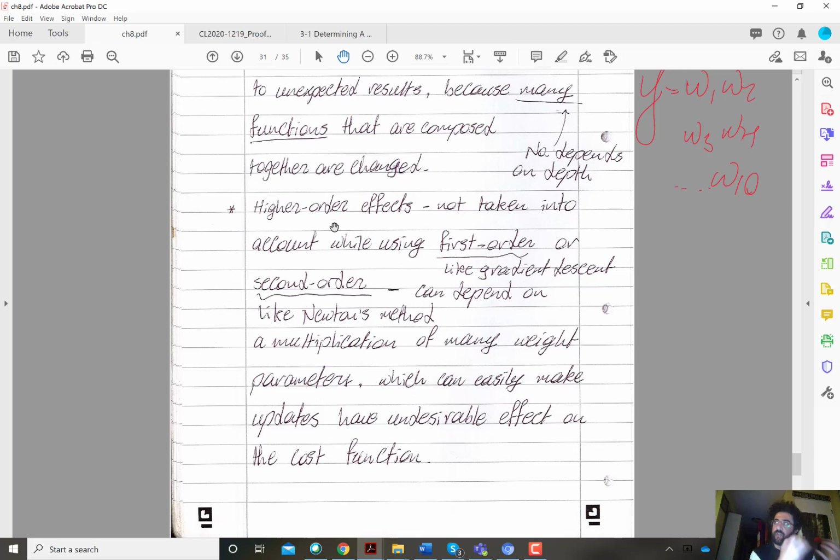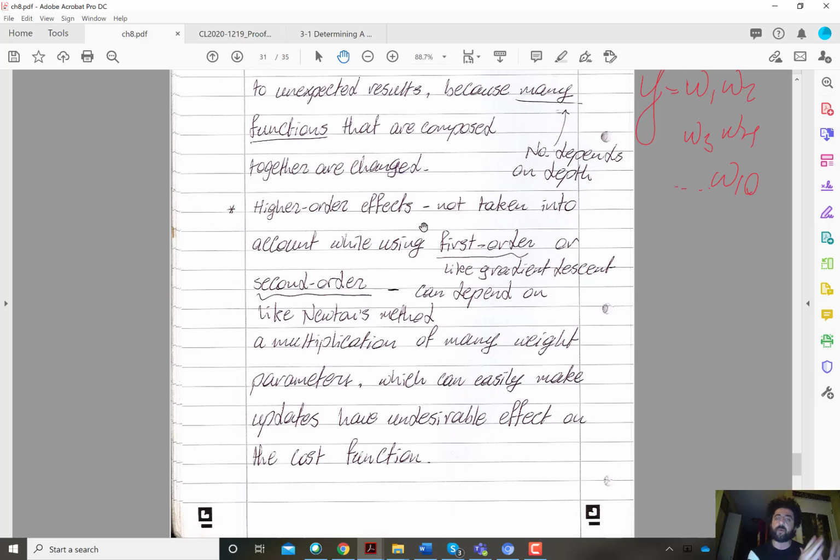So even the first or second order derivative has effects that are not taken into account, because I do the simultaneous update of the parameters, while in computing the derivative itself, I am assuming that the parameters are fixed to their current values. Another impact is the higher order effects beyond the second order or beyond the first order, depending on the optimization strategy you are using. That can depend on this simultaneous update and can be significant.